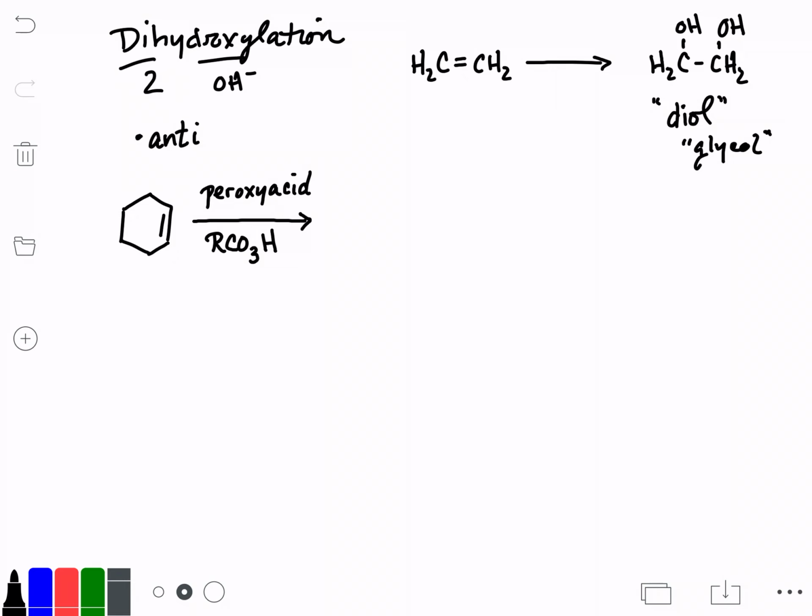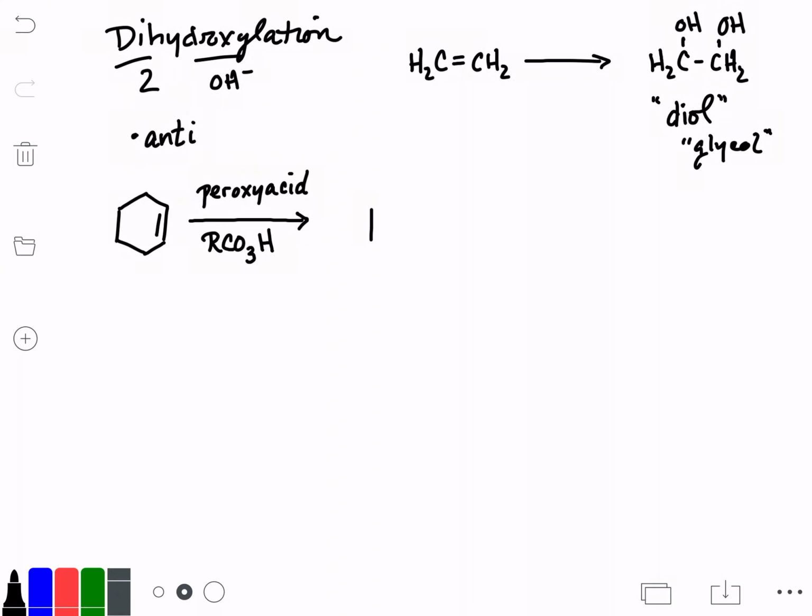It's got an extra oxygen compared to a normal carboxylic acid. In some books, this reaction by itself is considered a separate reaction. This produces an epoxy group. And so this is going to produce for us an oxygen bridge like this.